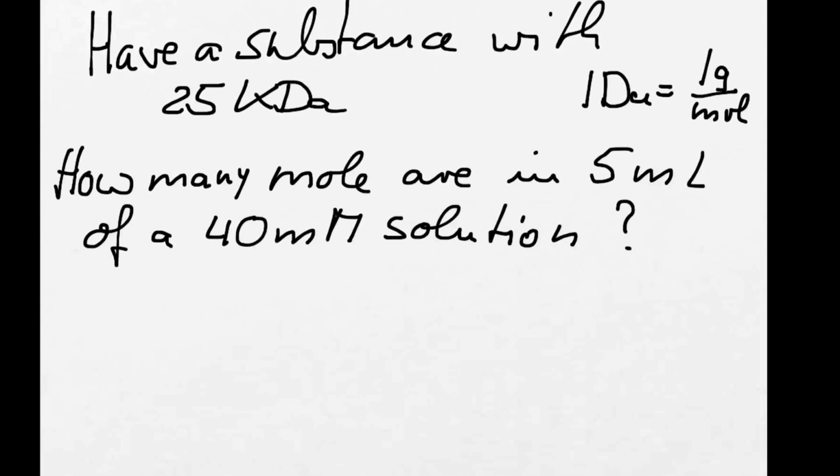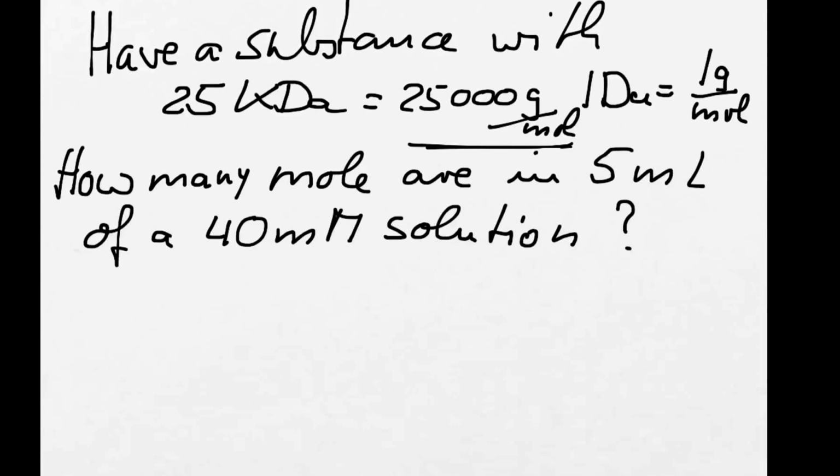But with this definition, 1 gram per mole, you can easily figure out that 25 kilodalton is equivalent to 25,000 gram per mole. That's all there is. So please remember Dalton and gram per mole, that's the same thing.